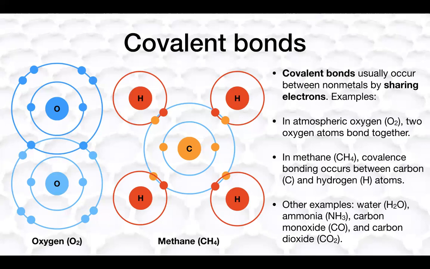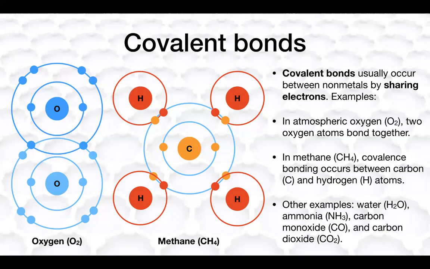Methane, CH4, is another covalently bonded gas. The carbon atom needs 4 electrons and each hydrogen needs 1. Each hydrogen shares its electron with the carbon to form a molecule as shown in the figure.